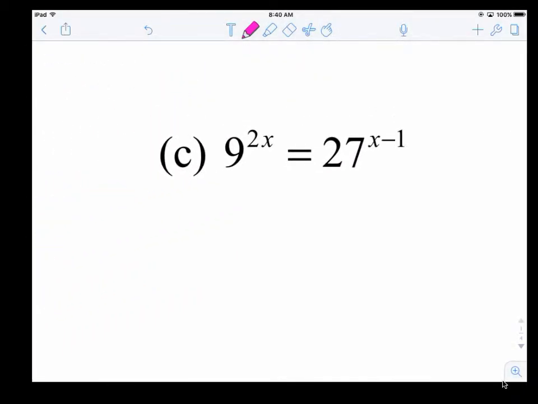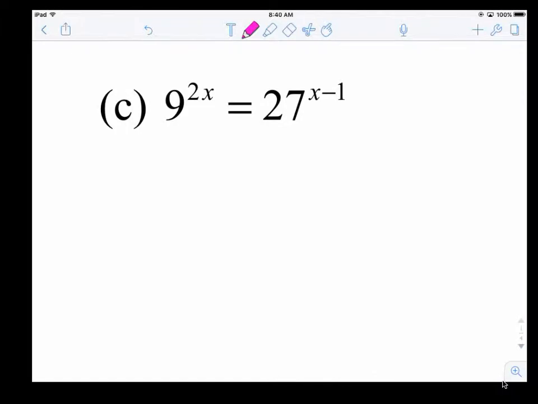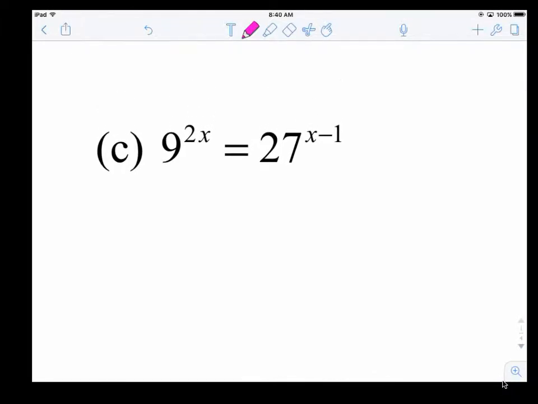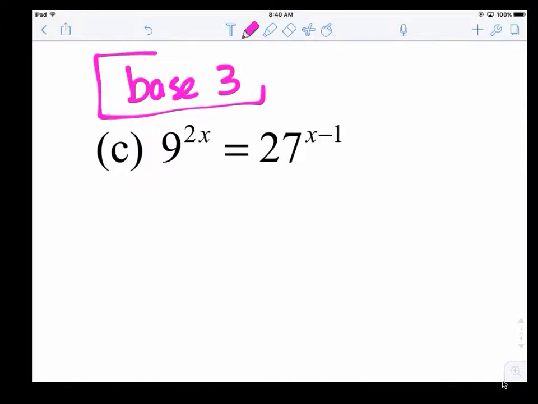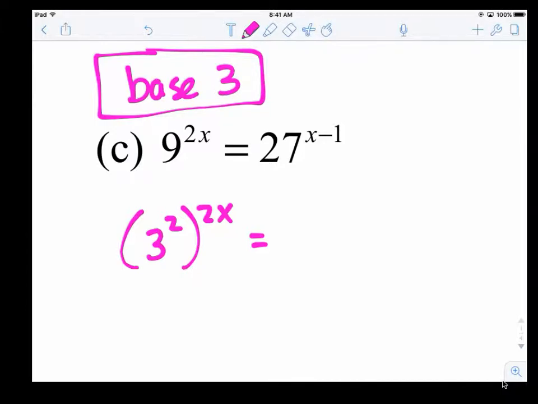All right, what about C? I want to use base 3 on both sides. So if I rewrite 9, that's 3 squared, so I have 3 squared to the 2x. And if I rewrite 27, 27 is what? 3 to the third, and then x minus 1.